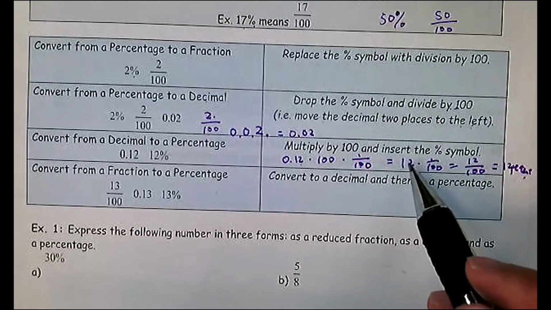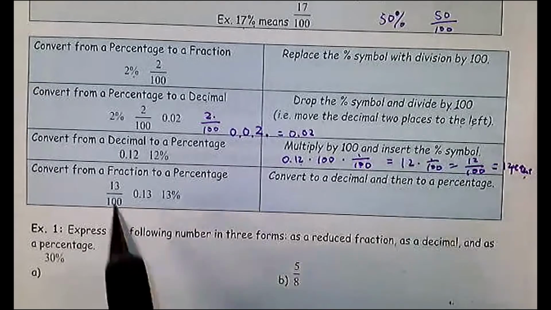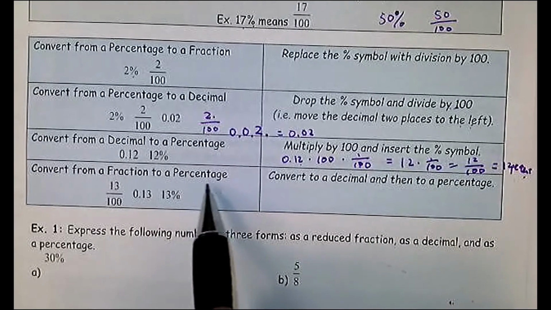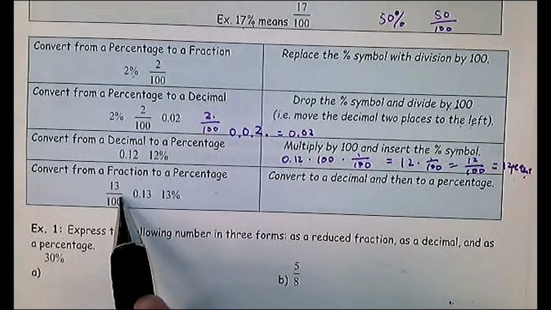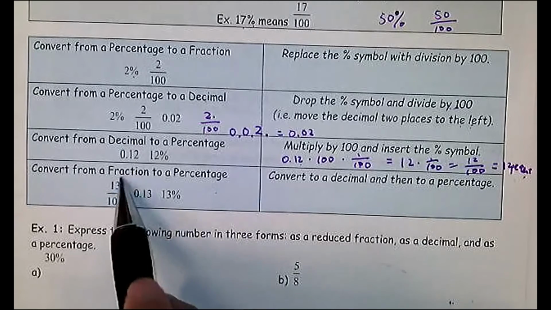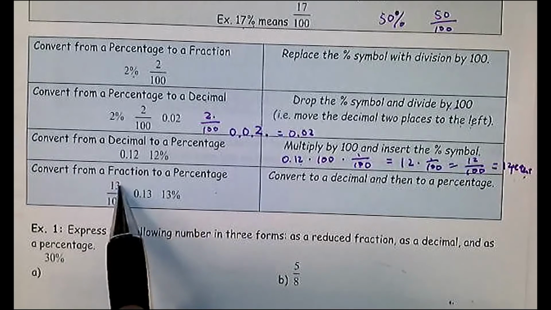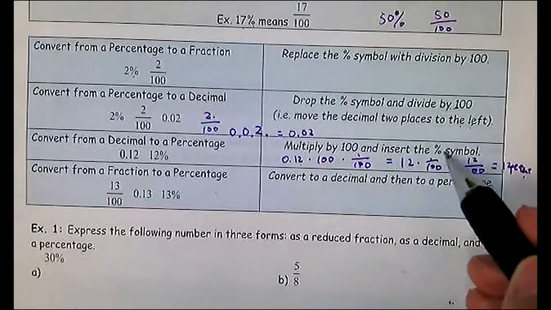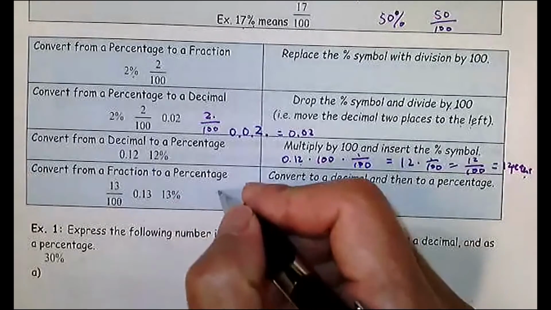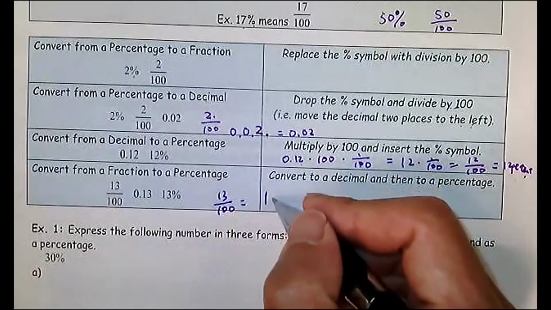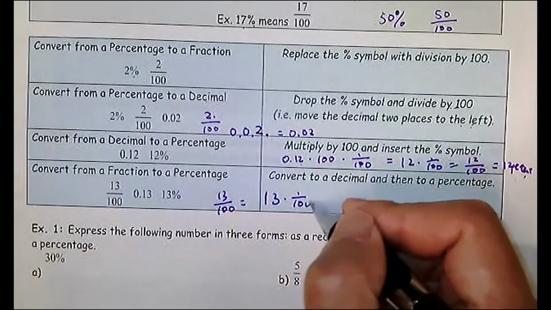Okay, so I assume you do not have a question. Let's continue. Convert from a fraction to a percentage. If you have this fraction, 13 over 100, we try to separate 1 over 100 outside. So the way you can do this is 13 times 1 over 100.